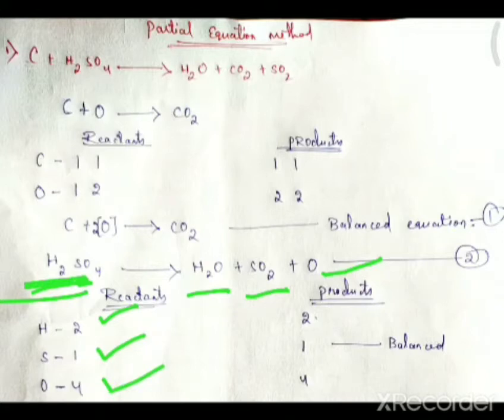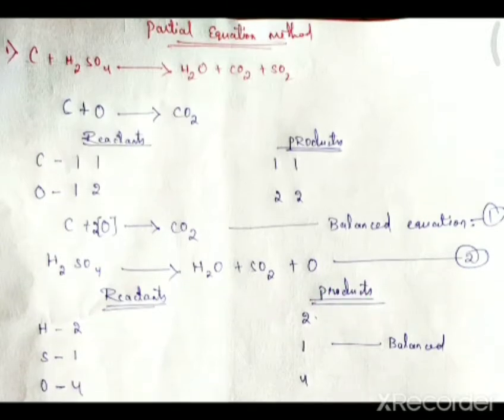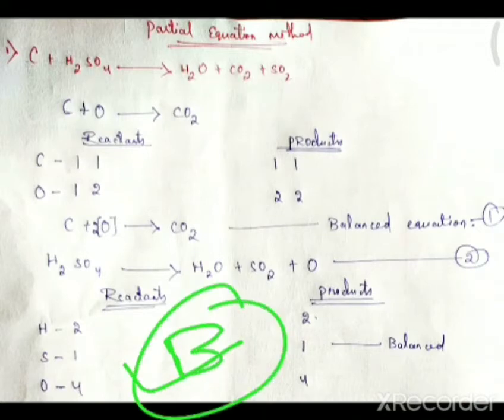Then on the product side also hydrogen is 2, sulfur is 1 and oxygen is 4. Here 2, here 1 makes 3, here 1 makes 4. So the amount is the same on both sides, that's why this equation is balanced.